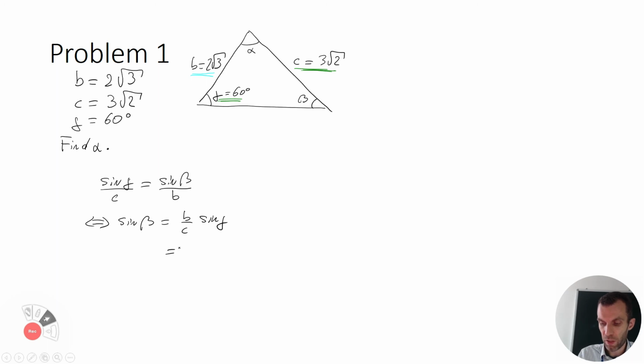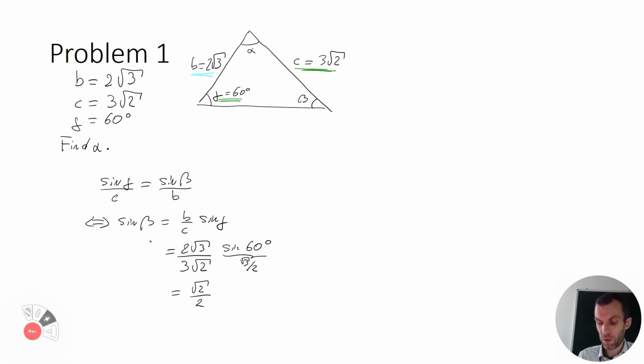Plugging in the values, I get 2 times square root of 3 divided by 3 times square root of 2 times sine of 60 degrees. That's a value that we know. It's square root of 3 divided by 2. And if you simplify this, you'll get square root of 2 divided by 2.